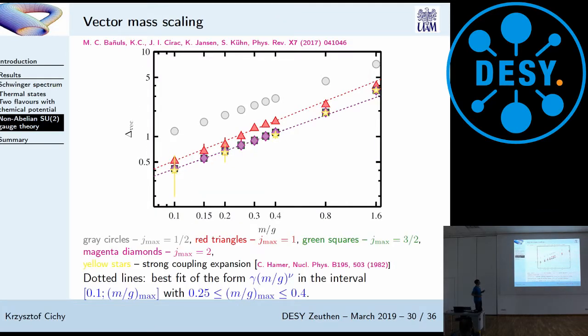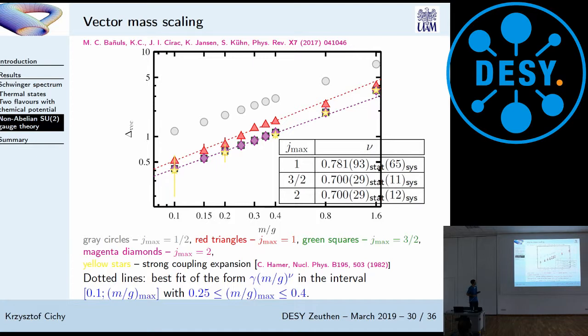And this is the mass dependence of the vector mass gap, and there is a prediction actually that the mass dependence should take this form with some critical exponent nu. And fitting our data with J max equal 1, 3/2, and 2, we got the values of this exponent nu, and we get a value around 0.7.